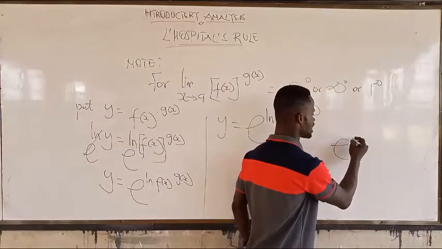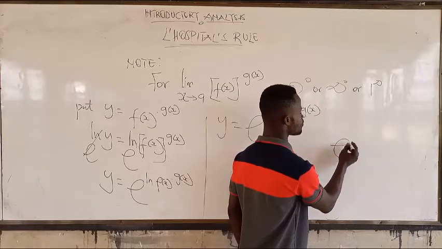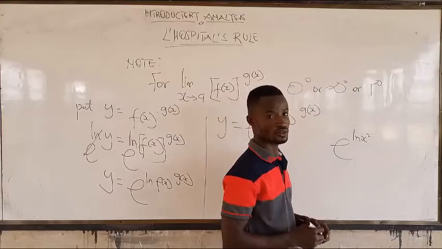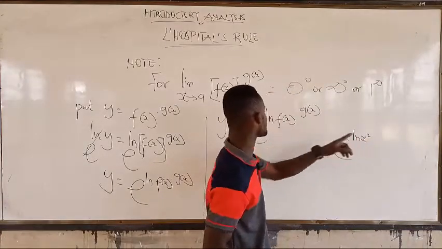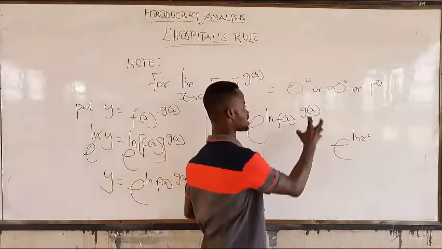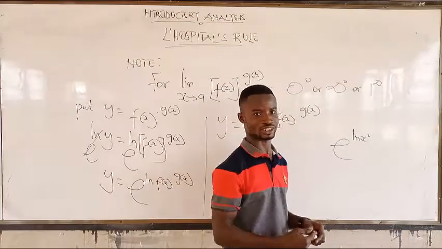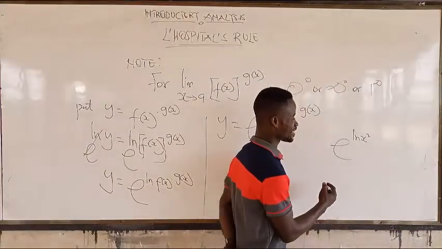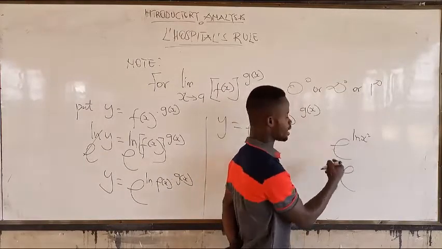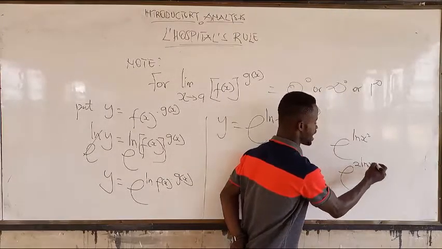So now you know that if you have, let's say, ln of x squared, because the x is the f of s here, and the 2 is the g of s here. Don't be confused, I clear any confusion. With this, you know that the power will come here, so we get 2 ln x.